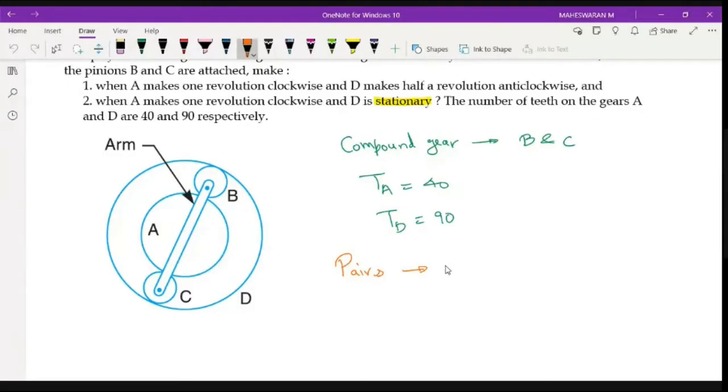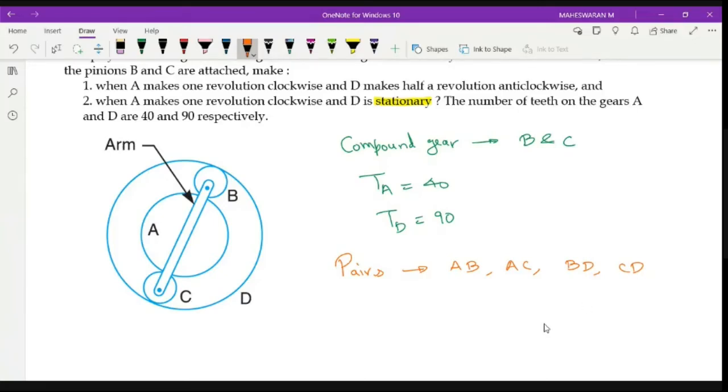Okay. As you say, A and B is one pair, AC is another pair, and BD and CD are some pairs.